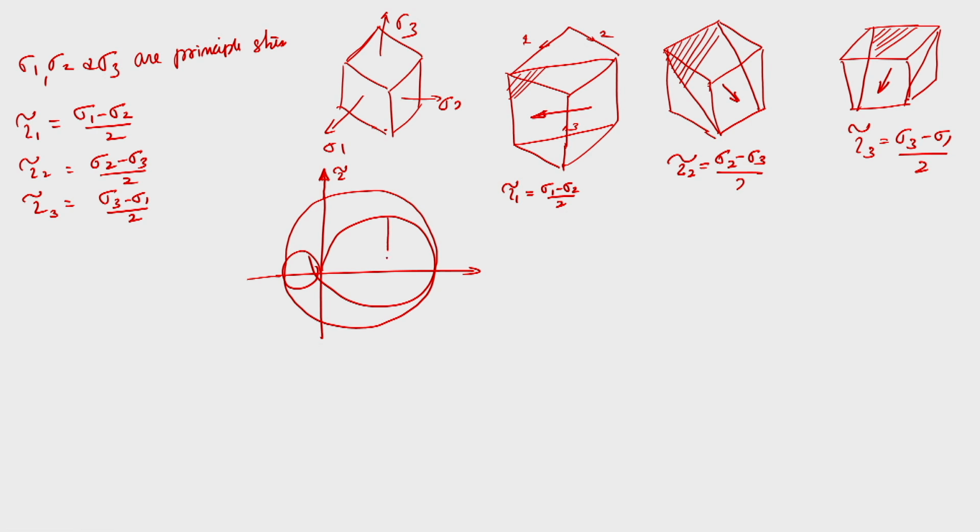So, this will be your tau 2, tau 3, because here this one is your sigma 1, this is your sigma 2, and the diameter of this A is equal to sigma 1 minus sigma 2. So, your maximum tau will be this one. So, what is that, tau 1, and this is tau 3 and this is tau 2.